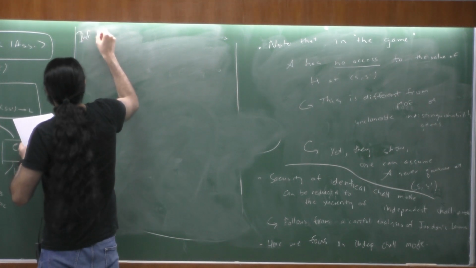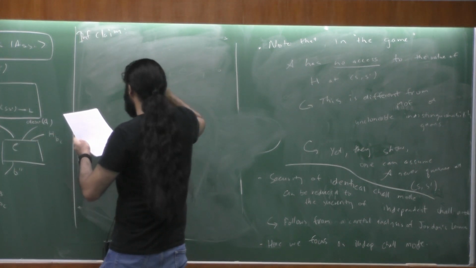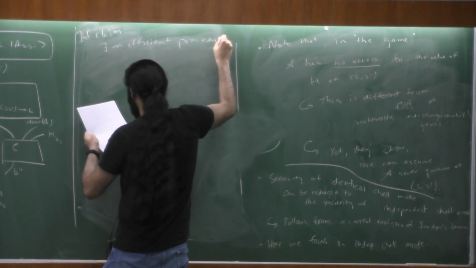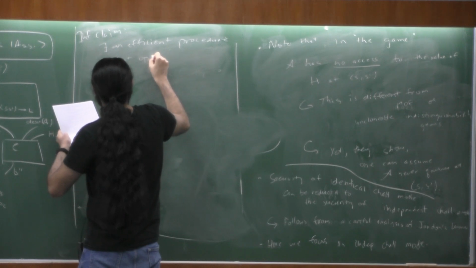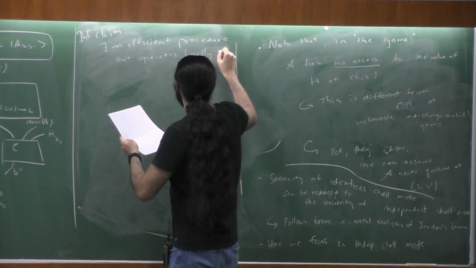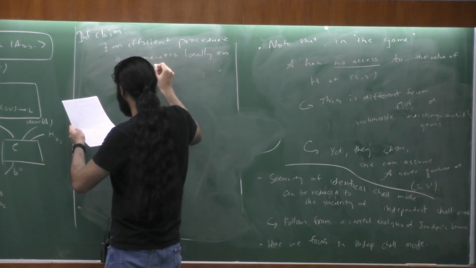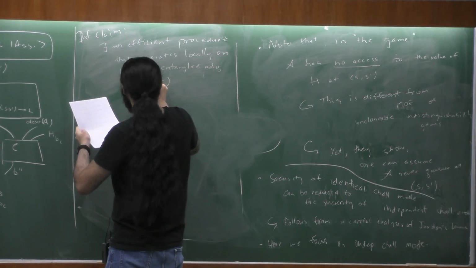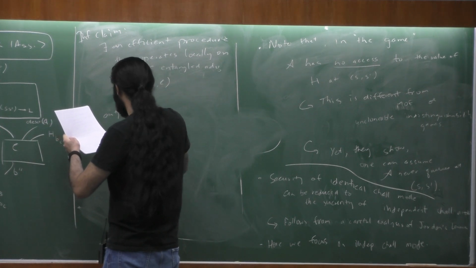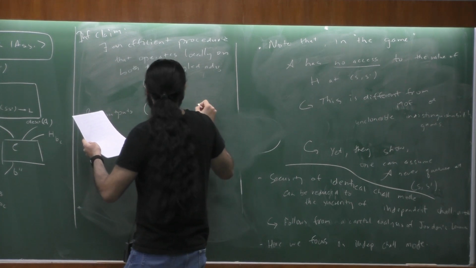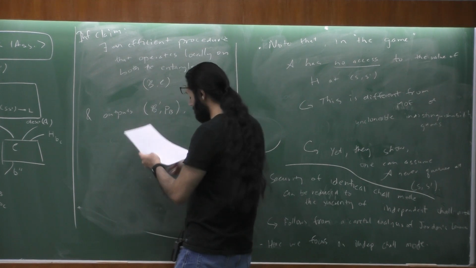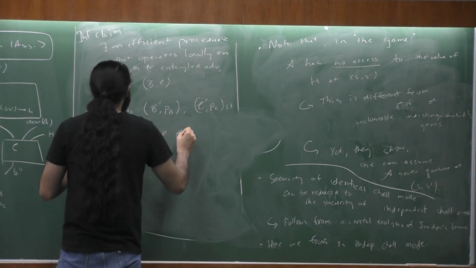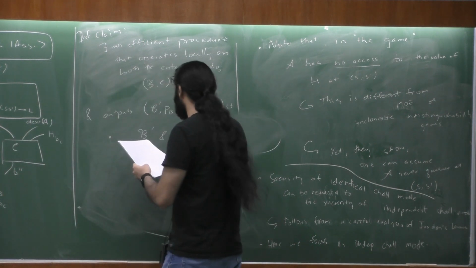Okay, so here's an informal claim. There exists an efficient procedure that operates locally on both the entangled adversaries and outputs B prime and C prime such that B prime and C prime, so the first property that they're able to show is that they're unentangled.